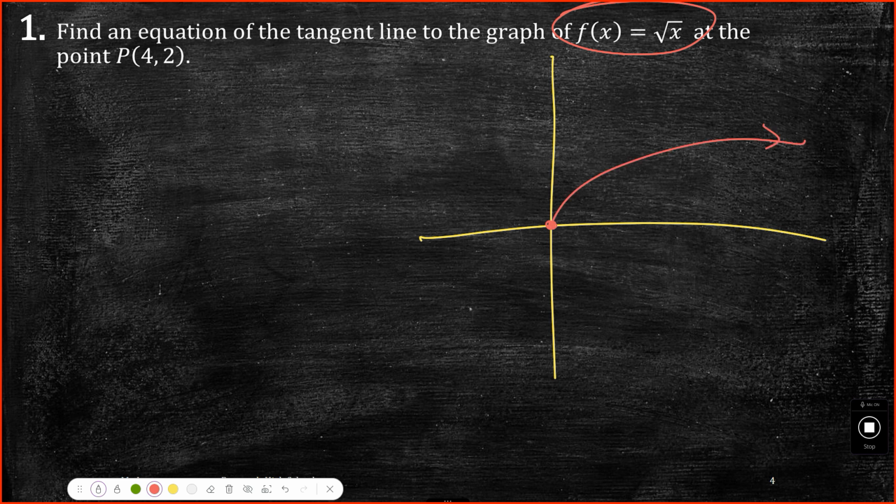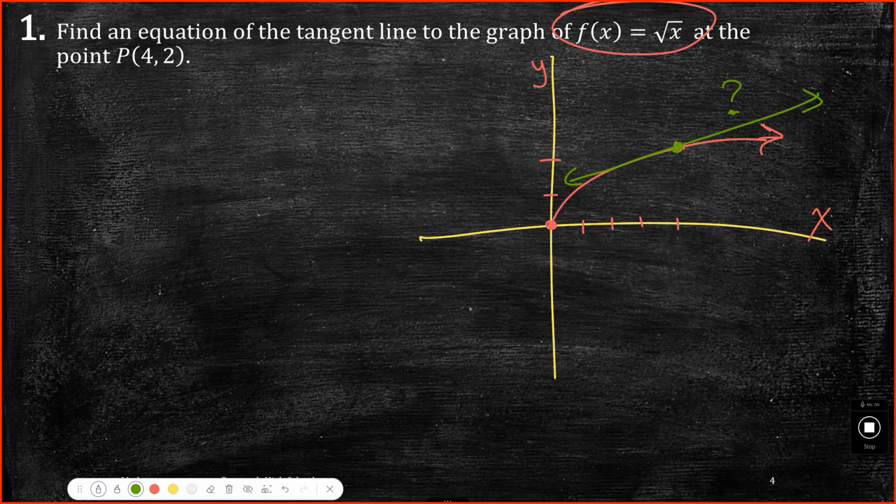You should know what it looks like. So this is x and this is y. We want to know the equation of the tangent line to the graph of f of x equals square root of x at the point (4, 2). So x is 1, 2, 3, 4, and then y is 1, 2. So here. And what is the equation of this tangent line to this curve here?